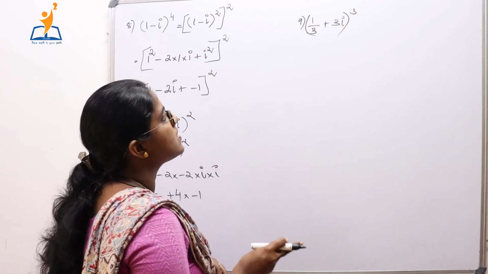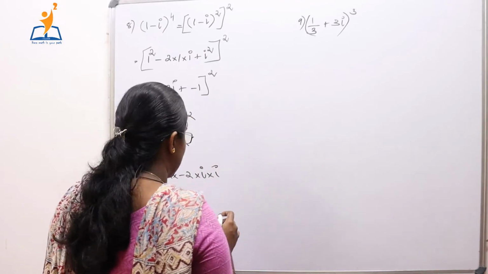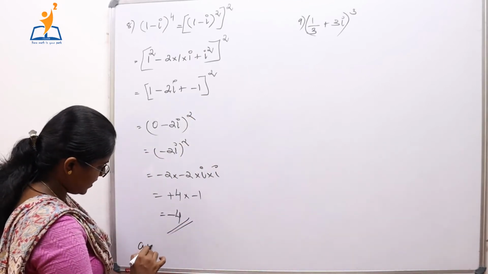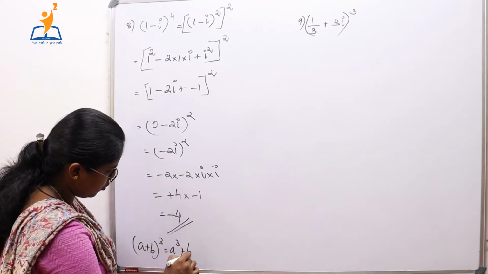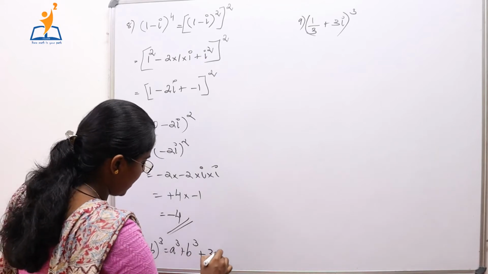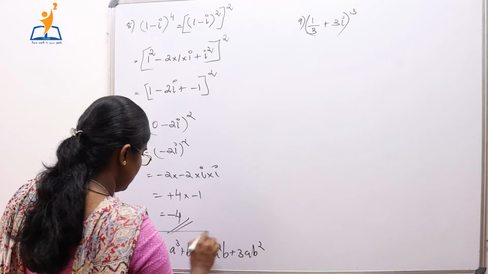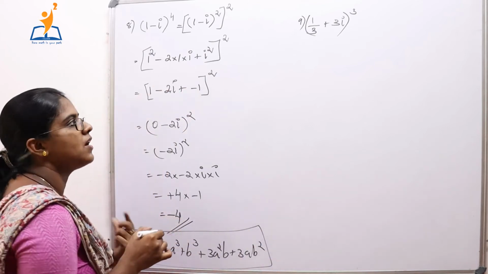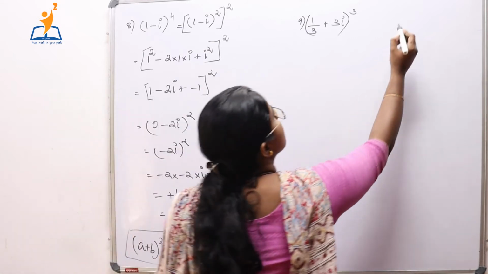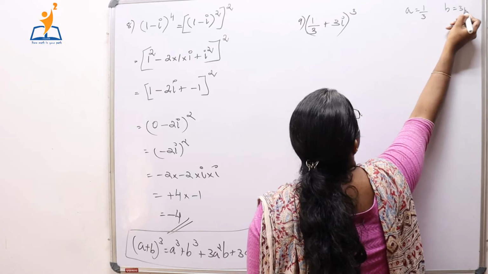Moving on to next question, we have (1 by 3 plus 3i) the whole cube. We know that (a plus b) the whole cube is a cube plus b cube plus 3a square b plus 3ab square. We know this result. And this question is given in the form (a plus b) the whole cube, where a is 1 by 3 and b is 3i.